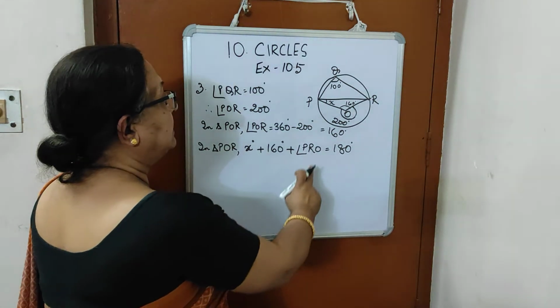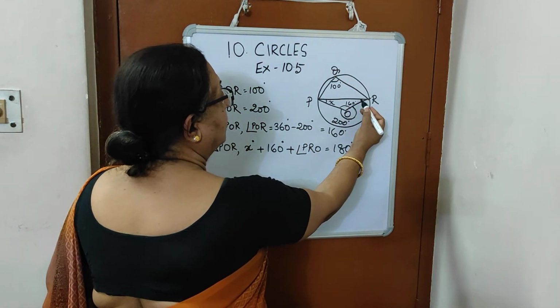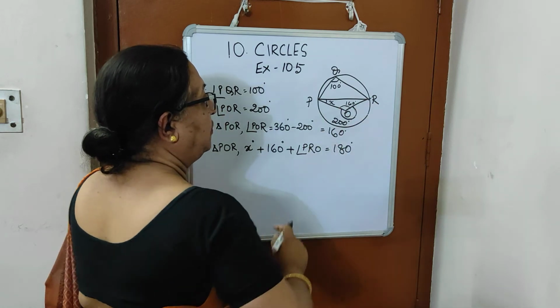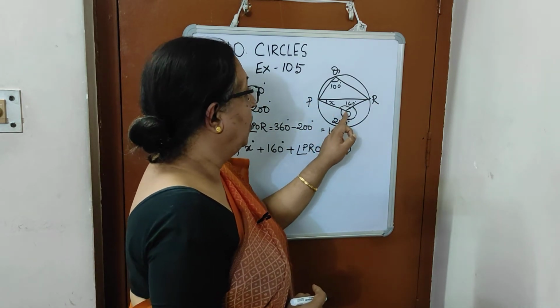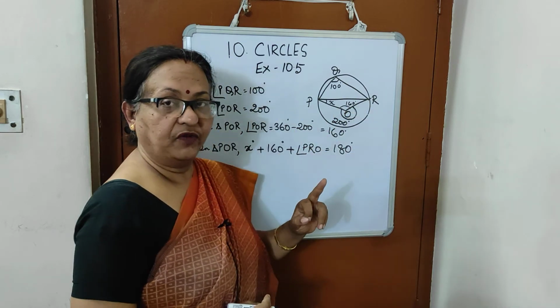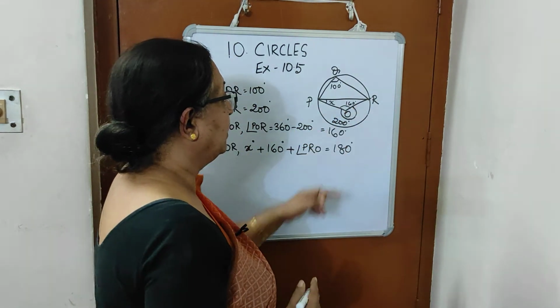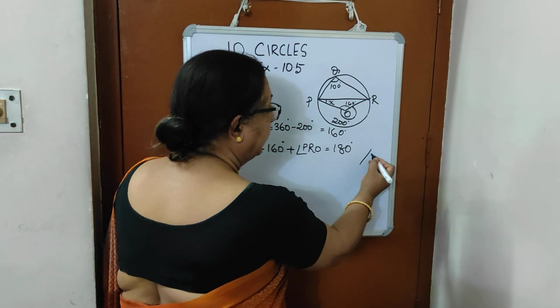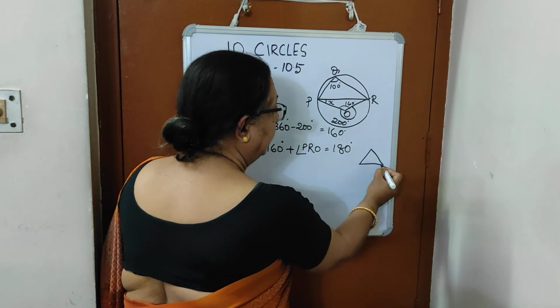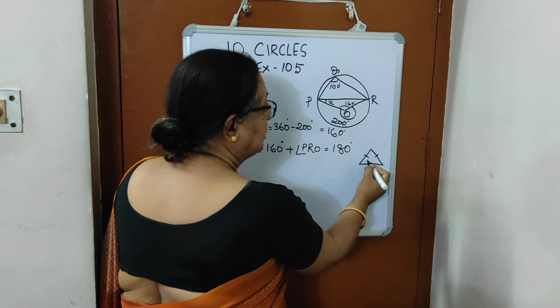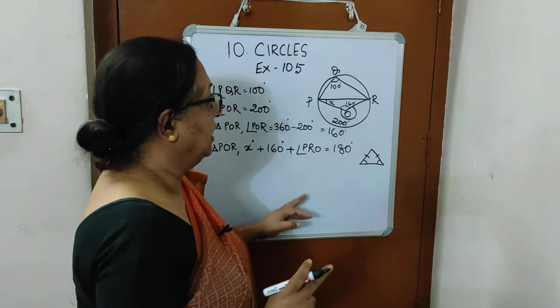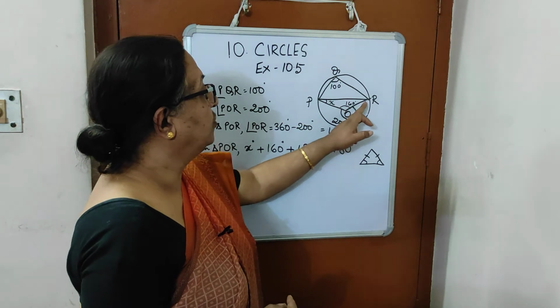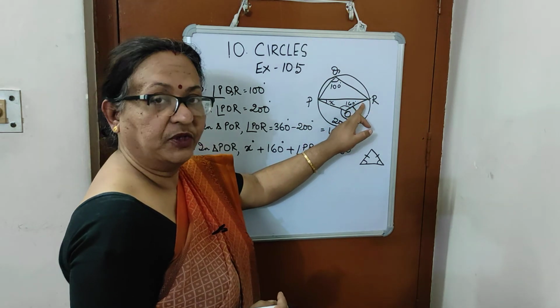Now what is this angle PRO? OP is the radius of the circle, OR is also the radius of the circle, that is OP is equal to OR, and you know very well in a triangle angles opposite to equal sides are equal. So since OP is equal to OR, these two angles must be equal.